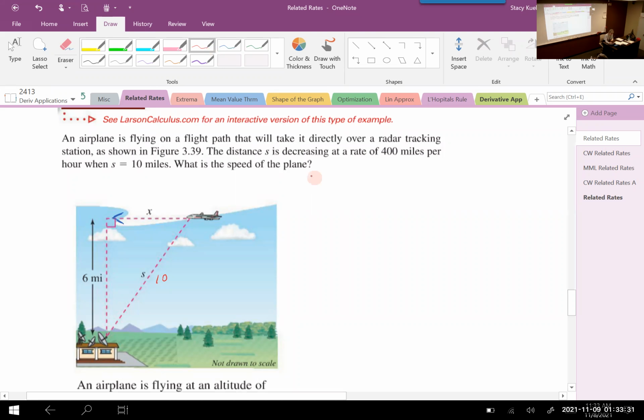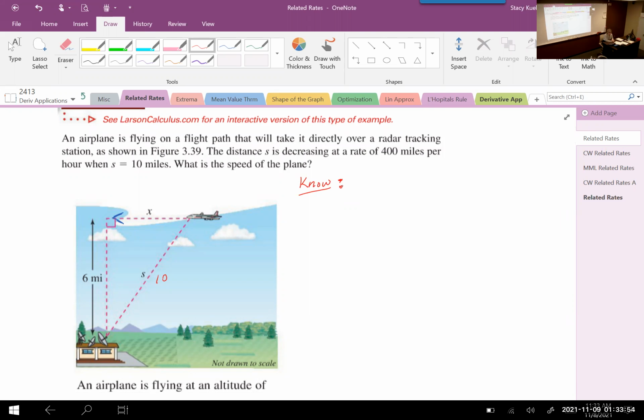What do we know? What do we know from that up there? That the distance is decreasing at a rate of 400 miles per hour, right?